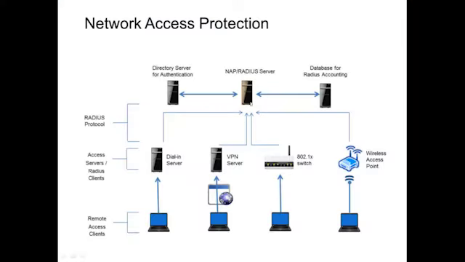The NAP server here can sometimes go and query a directory service server to authenticate the user, in this case like a Microsoft domain controller or a TACACS server or some server that has the usernames and the passwords.